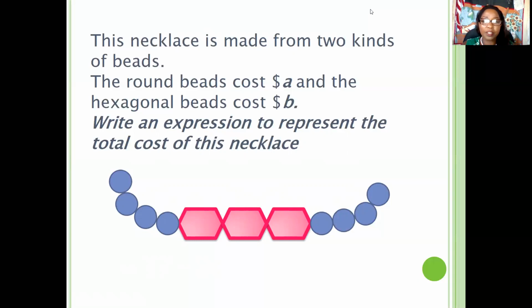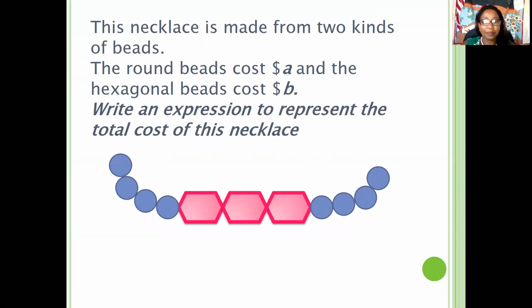So what we're going to do here, we have 4A representing the 4 beads on the left, and we have 4A again on the right-hand side because we have 4 beads on the right-hand side.